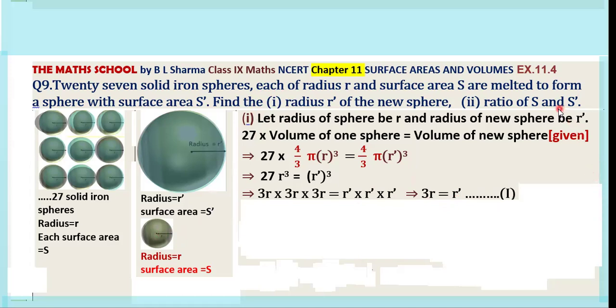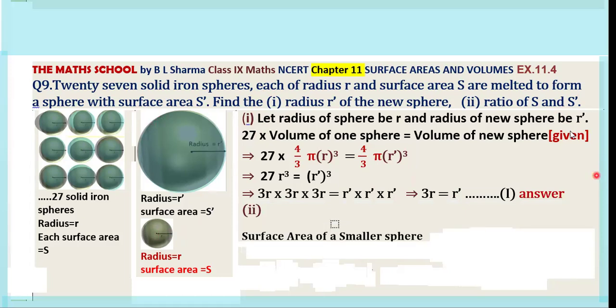Now the ratio of their surface areas. We have to find the ratio of the surface areas of these two. The surface area of the smaller sphere and the surface area of the larger one. Smaller means the original and larger means the new sphere. Surface area is given by 4 pi r square.